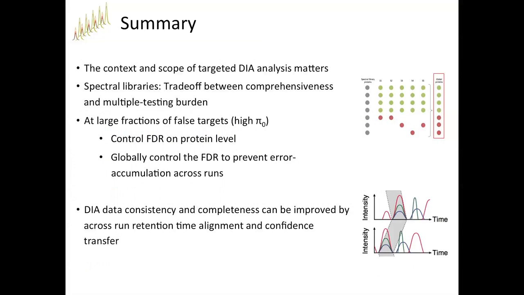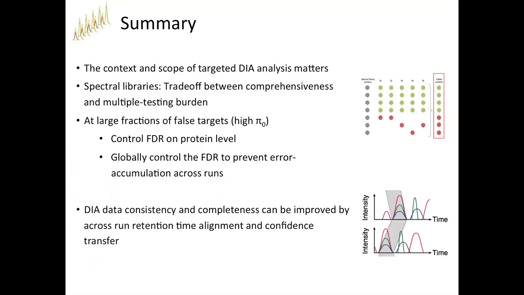So with this, I'd like to summarize that I've presented the context and scope of targeted DIA analysis and how it matters in a way that spectral libraries always come with a trade-off between the comprehensiveness and the multiple testing burden. I hope I could convince you that it is very essential, if you use comprehensive libraries with large pi zeros, that you should perform protein level and global FDR control.